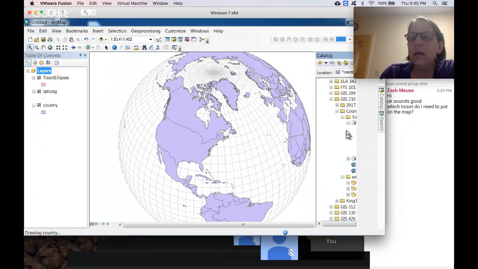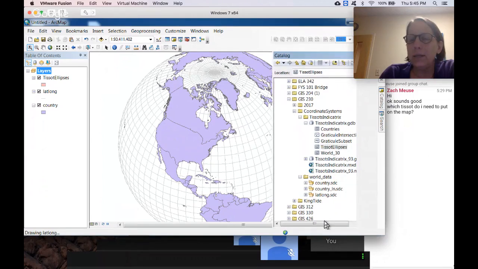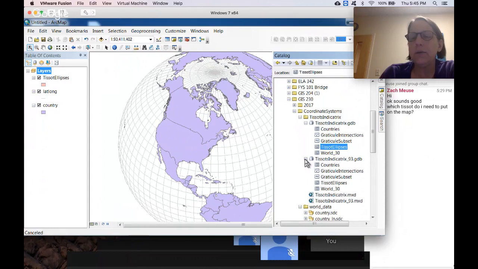I don't think it matters whether you use the 9.3 one or the other one. They'll both be readable, but I use the one without the 9.3. It's referring to a prior version of ArcMap. So you want to expand the geodatabase right here, and inside is the Tissot ellipses. And that's the one you want.